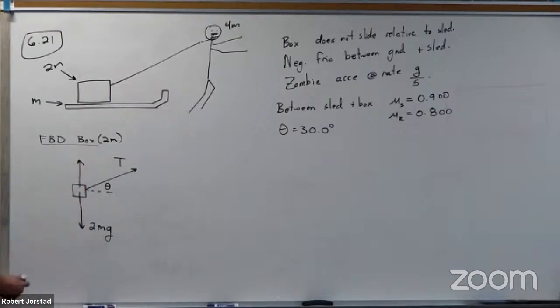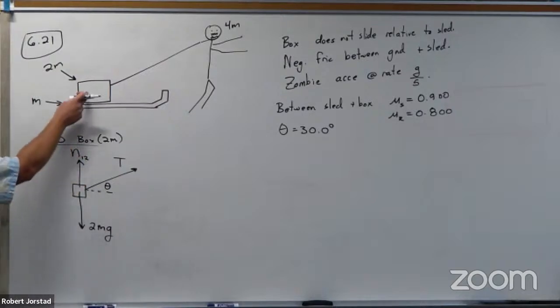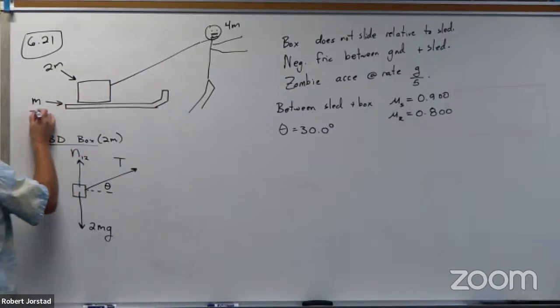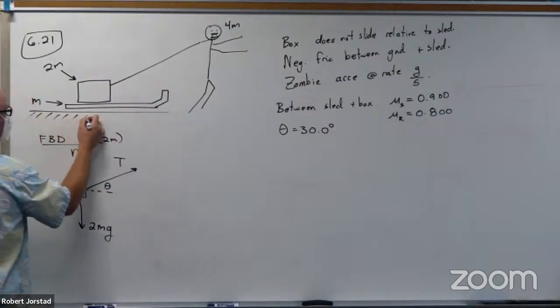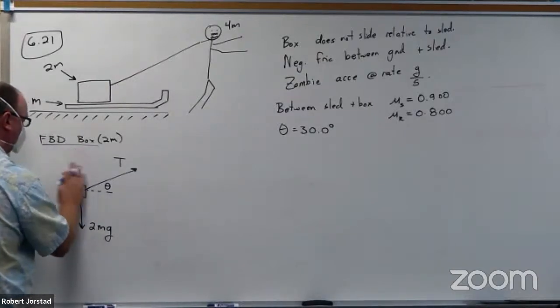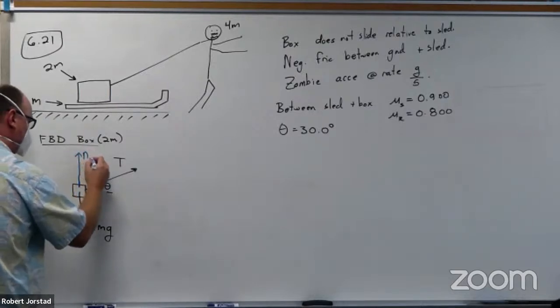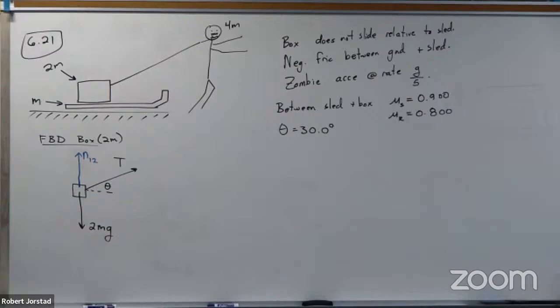What's a good name for this normal force? I'm going to call it N12 because it's not on the ground. You agree the ground is down here? So this is a normal force between the two blocks. Maybe even to highlight that, I'll draw it in blue. Figure not to scale. Anything else?